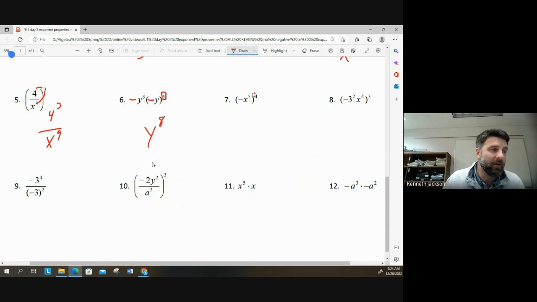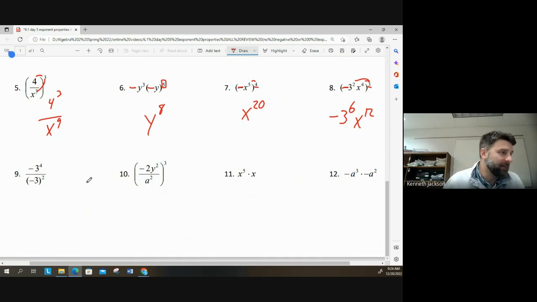Again, power to a power we multiply, x to the 20th, and the negative belongs to the 4, which means there are 4 negative signs, which makes my answer positive. On number 8, that would be 3 to the 6th, x to the 12th. I take the exponent and I multiply, and I have 3 negative signs, which makes my answer negative.